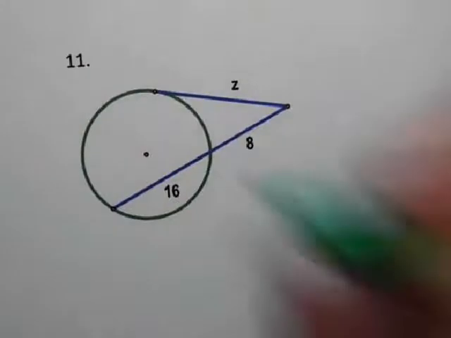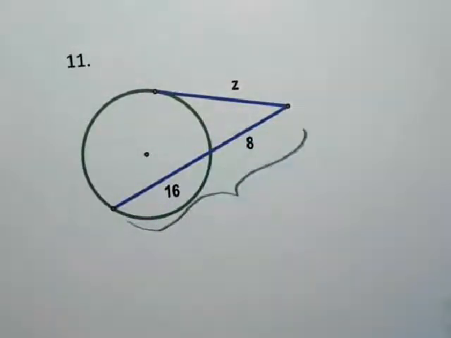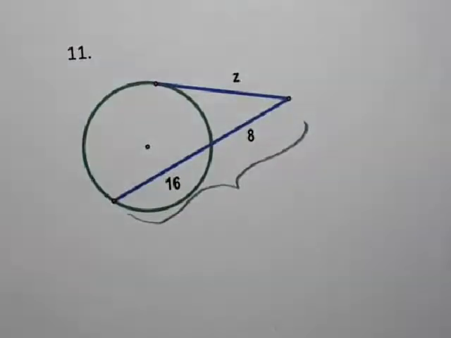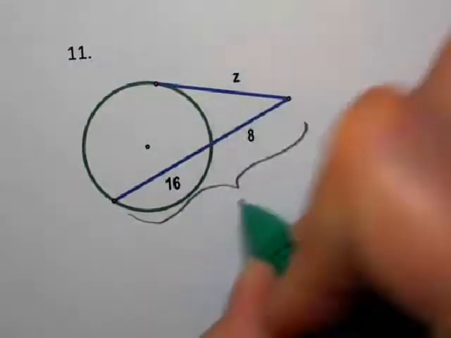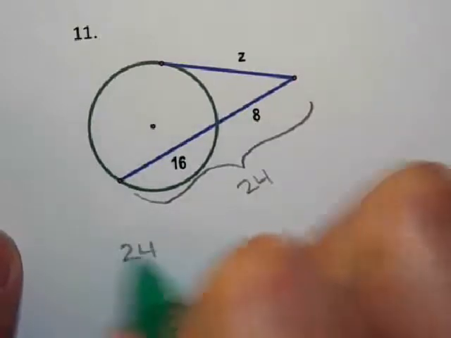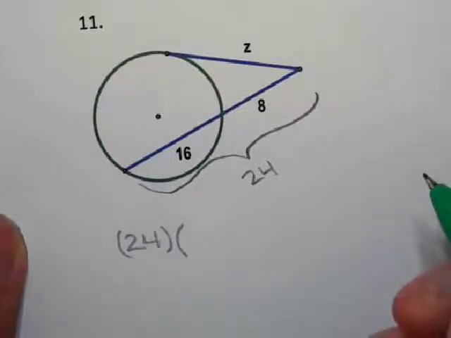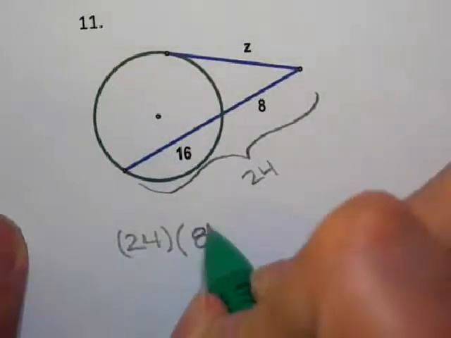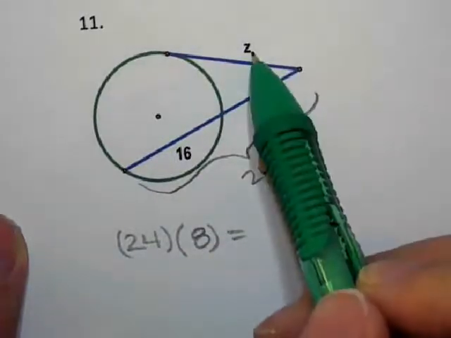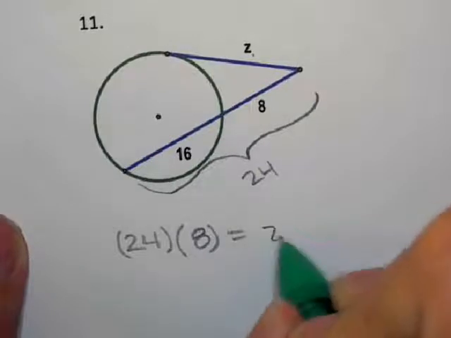So we've got the entire length, which is 24. Okay, so we got the entire length times the portion outside the circle equals the entire length, z, times the portion outside the circle.